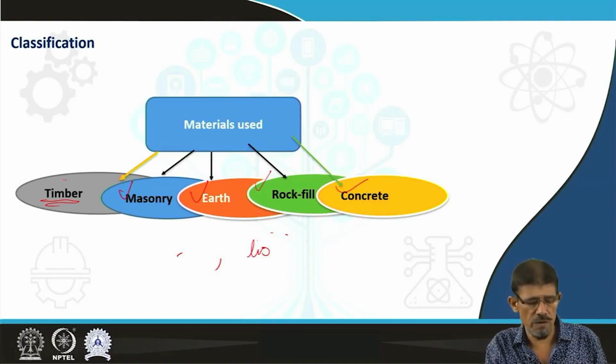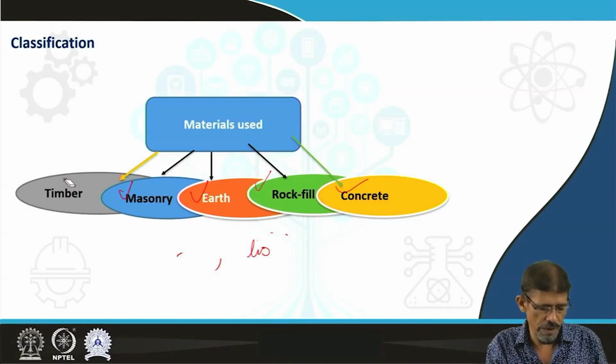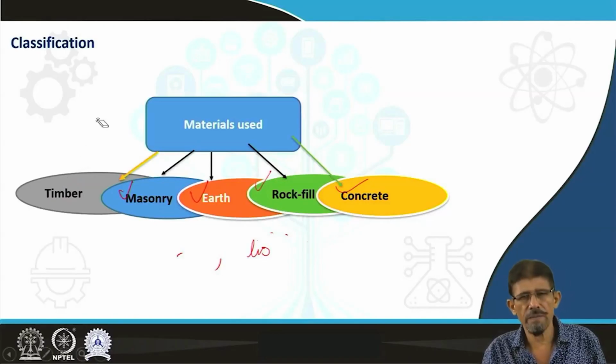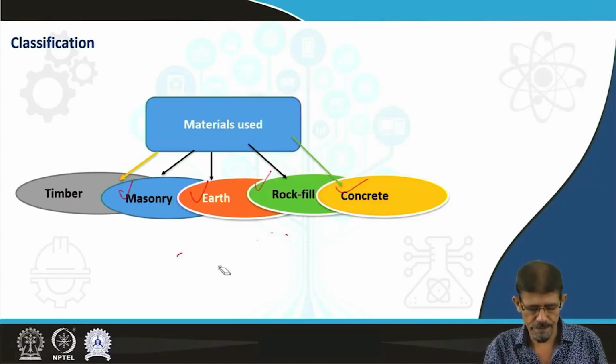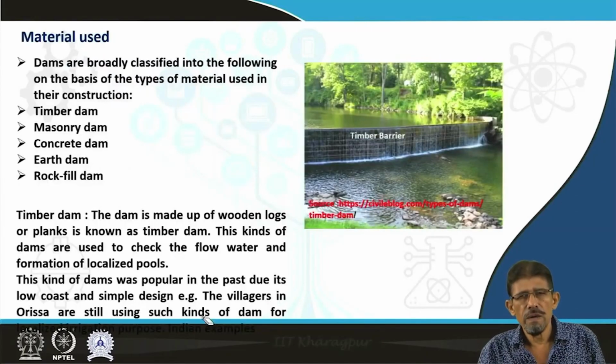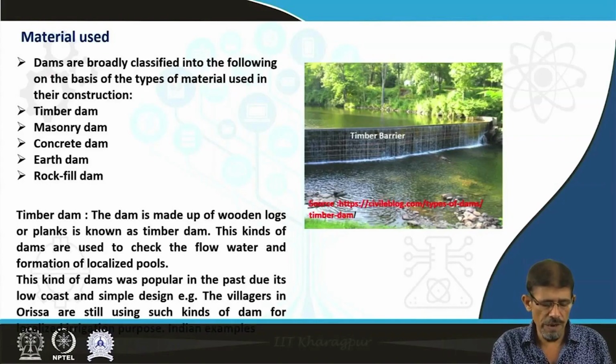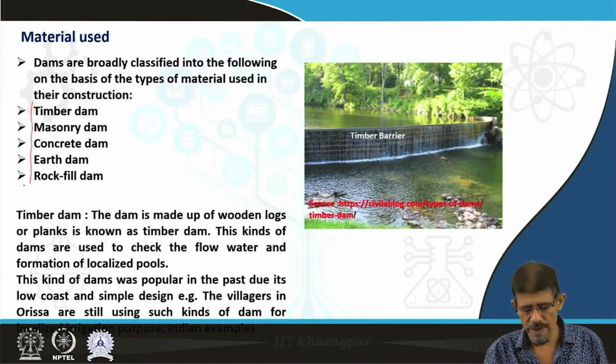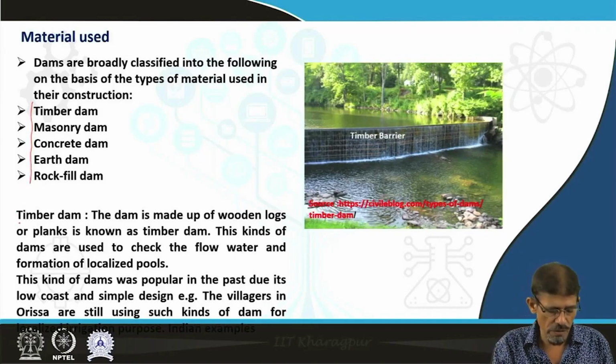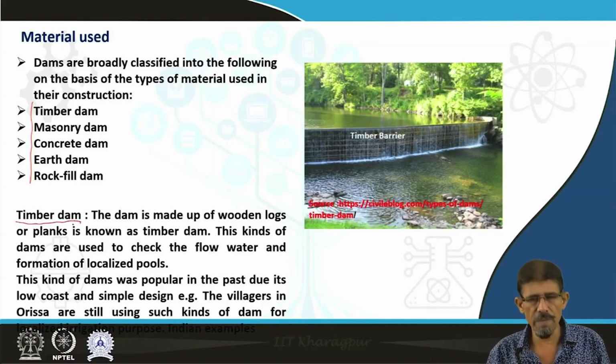First we are going to discuss timber dam, then we will elaborate masonry dam, and then one by one the others. We have already listed these: timber dam, masonry dam, concrete dam, earth dam and rockfill dam. Here we are going to elaborate about timber dam.